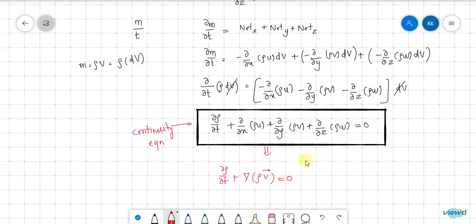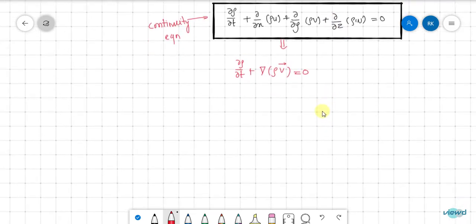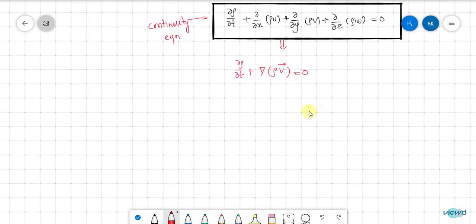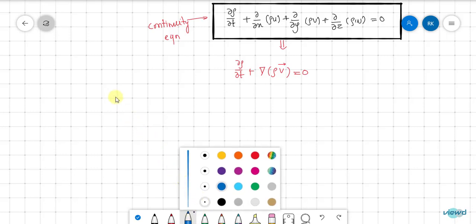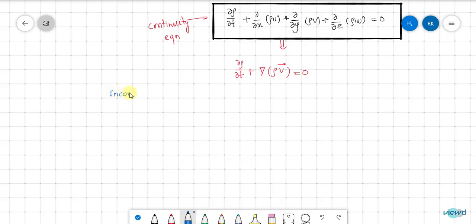And there are different types of flows that exist. For important flows, for example, for incompressible flow, what will be the continuity equation? You don't need to remember every form, you only need to remember this one, and we can write whatever equation we want. So what is incompressible flow? Density is equal to constant.